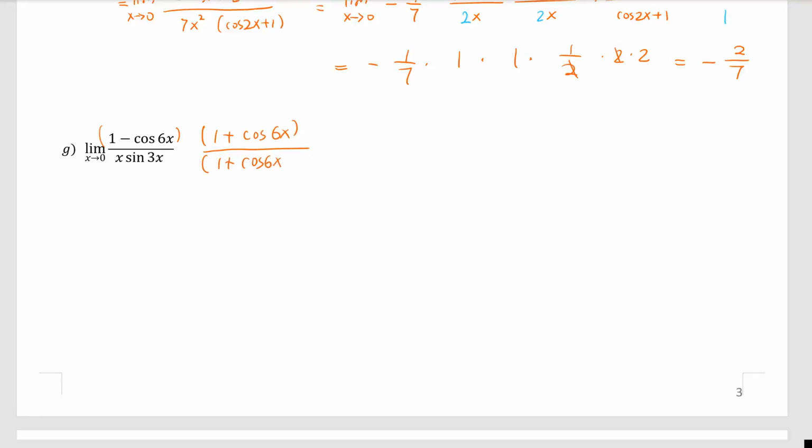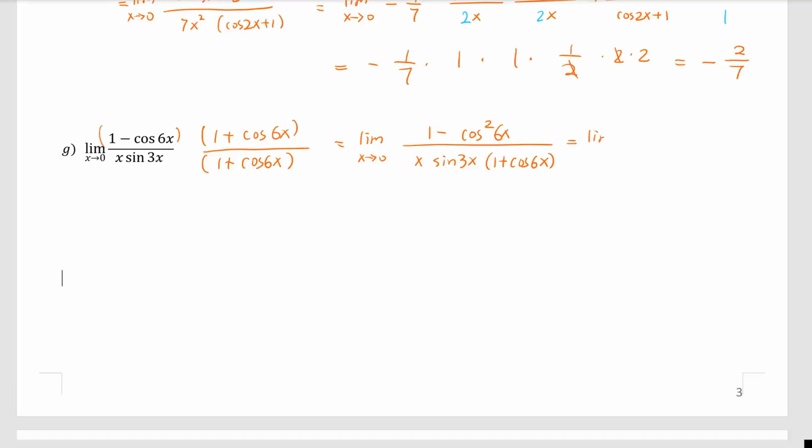And you multiply by the conjugate on the numerator and denominator. Okay. And now the top, a minus b times a plus b is a squared minus b squared, so 1 minus cosine squared. Okay, so the bottom, x sine 3x, 1 plus cosine 6x.